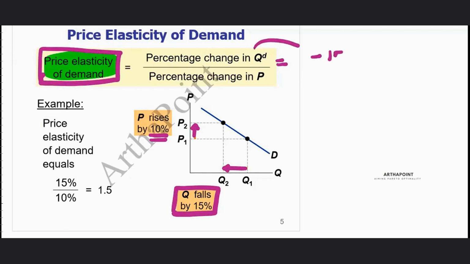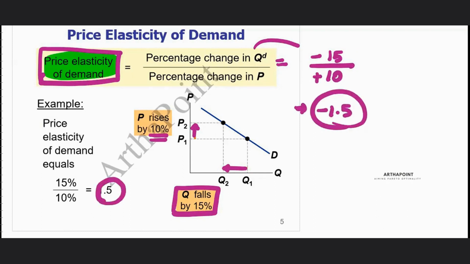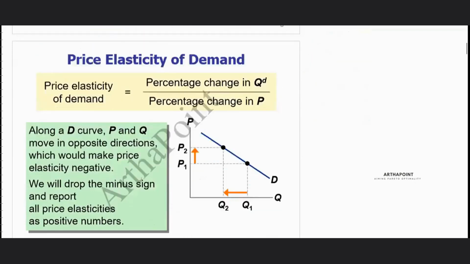Quantity is decreasing by 15%, so minus. I don't even need the percentage, I'll just write minus 15. And price is increasing by 10, so plus 10. And this is going to be minus 1.5. So this is my price elasticity of demand. This is telling me the percentage change in quantity demanded due to the percentage change in price.